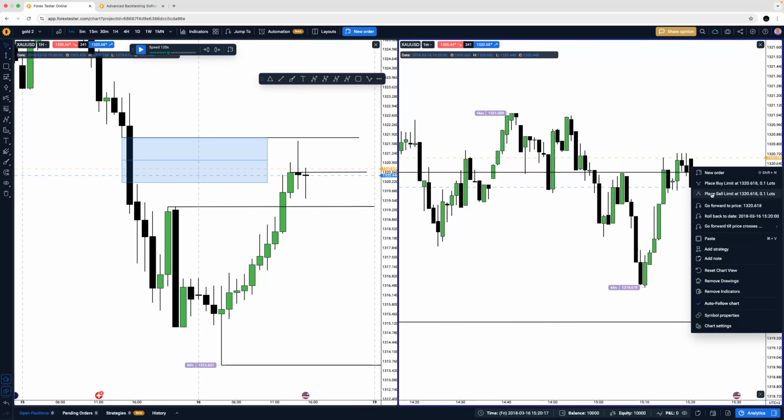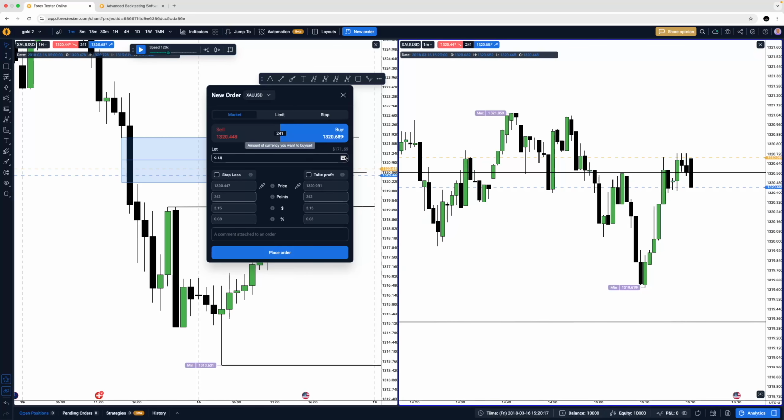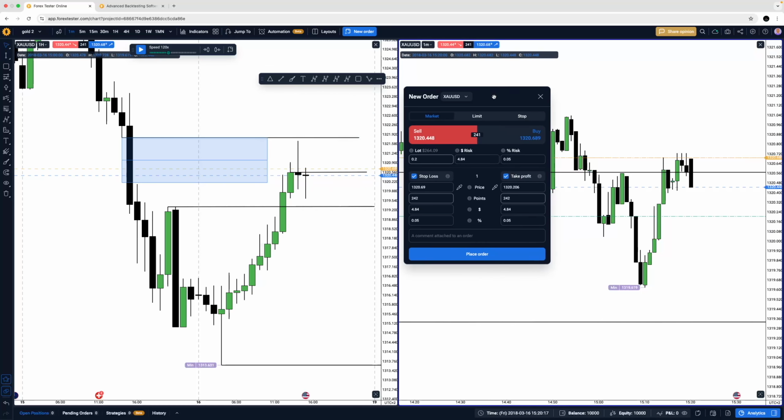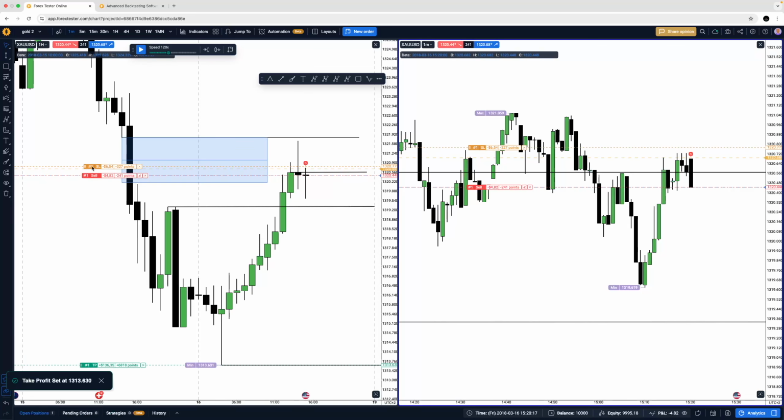We can place a new sell order, and then it depends on your account size. Let's use 0.20, and then we sell, with stop loss and take profit. We can make our take profit levels right there. I always like to target these lows here, and then put the stop loss above these highs here.